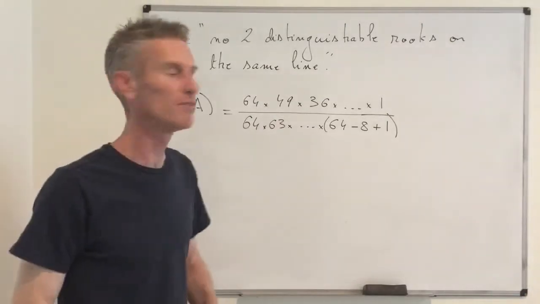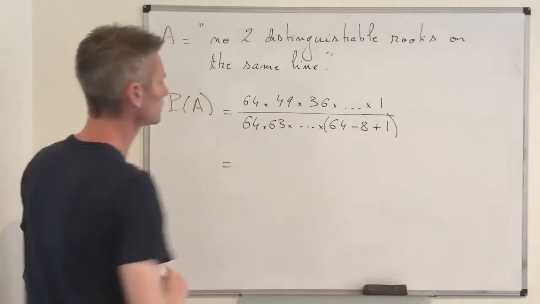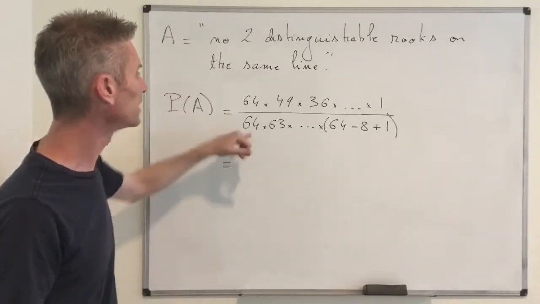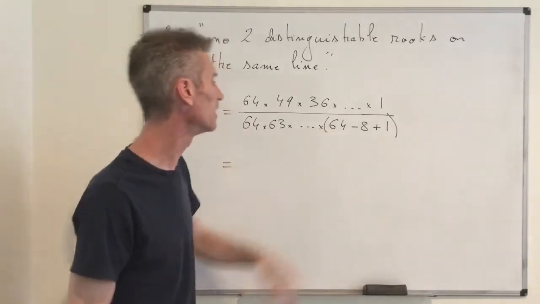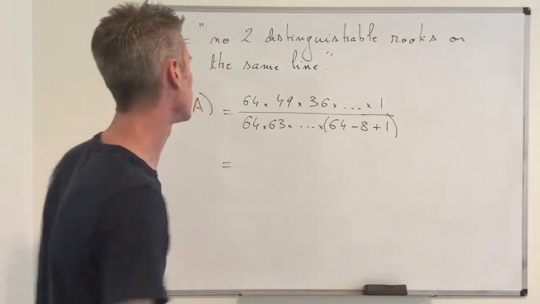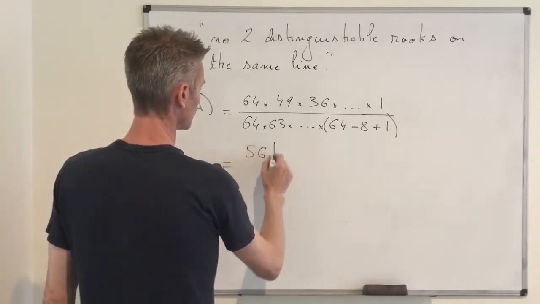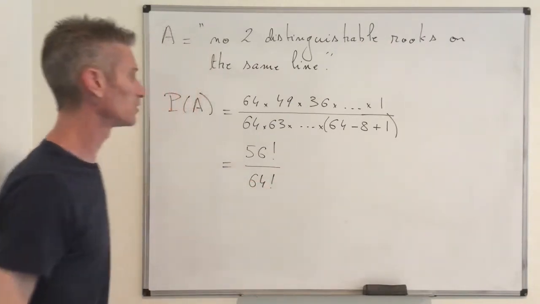You can simplify this expression, and then eventually this denominator can be written as 64 factorial divided by 56 factorial. So it becomes 56 factorial here divided by 64 factorial.